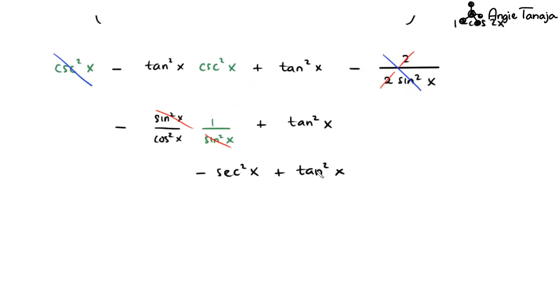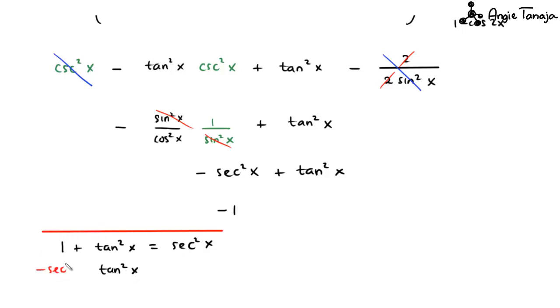According to the identity, this is negative 1. Because 1 plus tangent square x is equivalent to secant square x. So then if you move the negative secant here, it becomes negative 1. Do you agree?